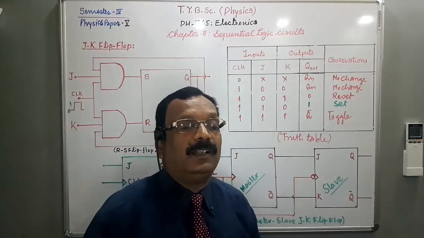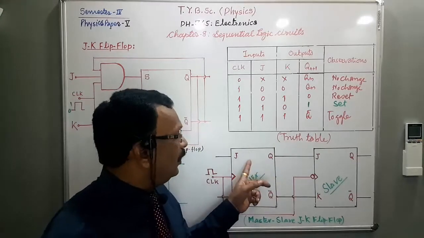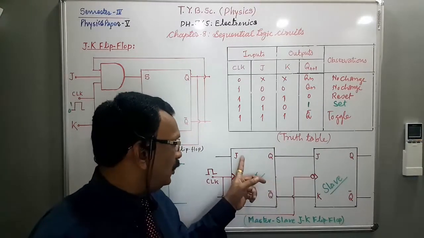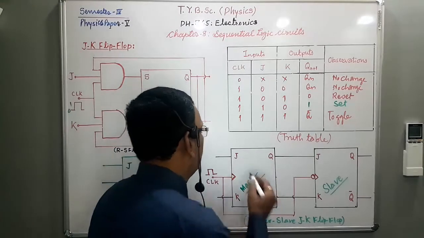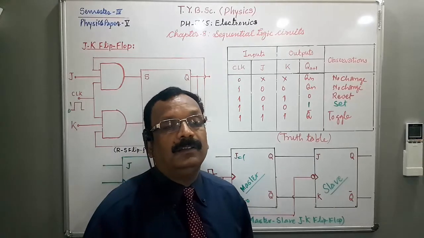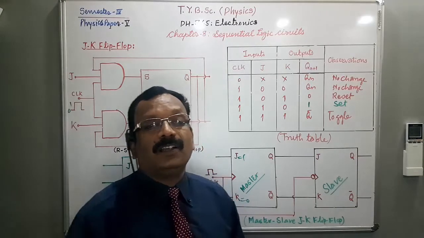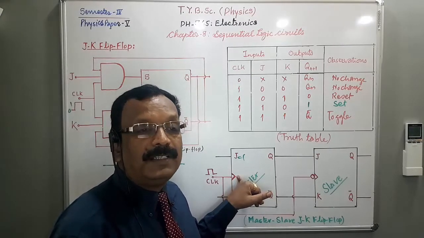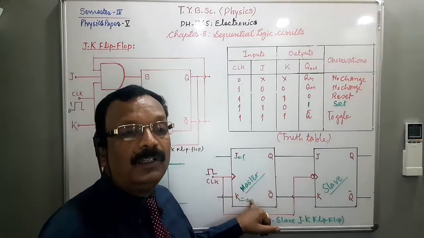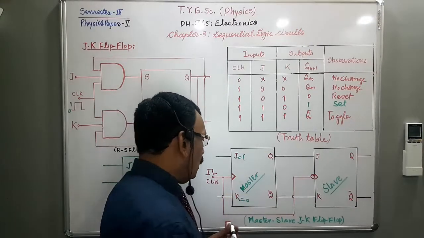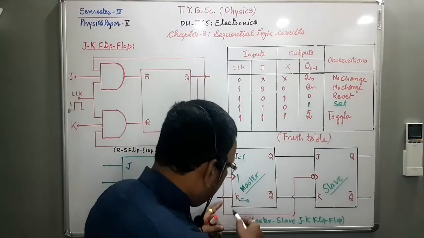This is very important. Therefore, when J is equal to 1 and K is equal to 0, the master sets on the positive trigger clock. When J is equal to 1 and K is equal to 0, the master sets on the positive clock edge, that is 1, and this is the negative.